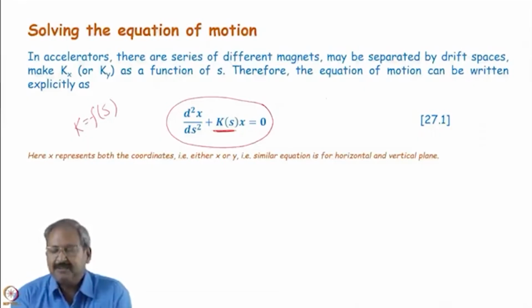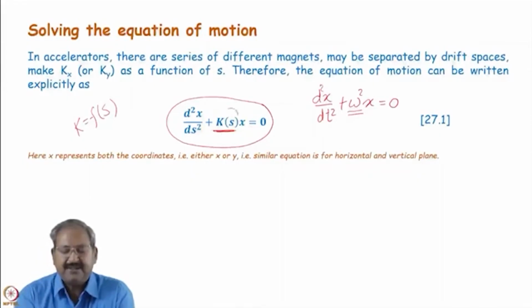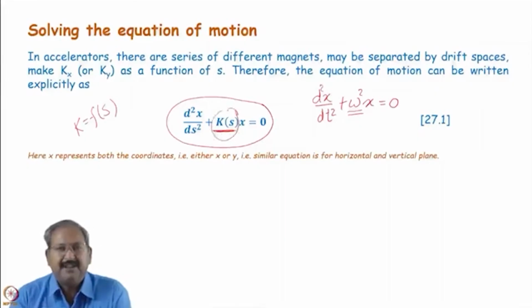In a simple harmonic oscillator, we have d2x by dt square plus omega square x is equal to 0. Here omega square is a constant for a given oscillator. Here this is not a constant, instead it depends on the independent parameter S. So how can we solve this equation?